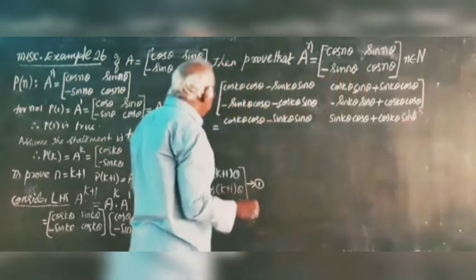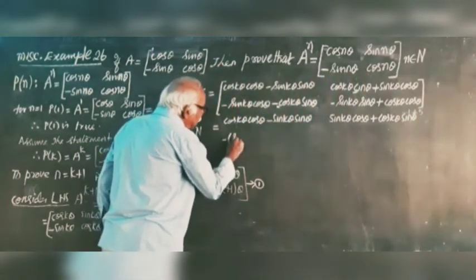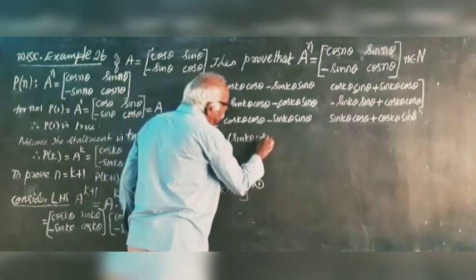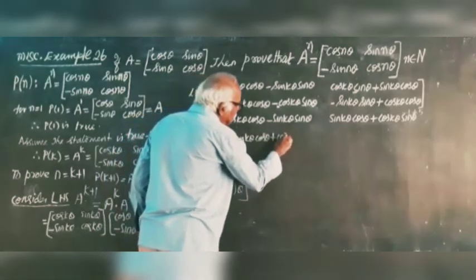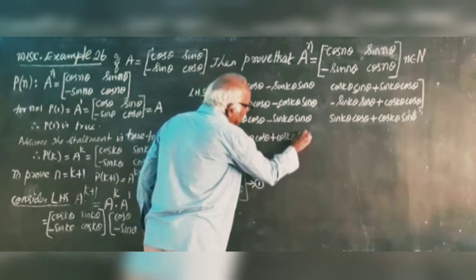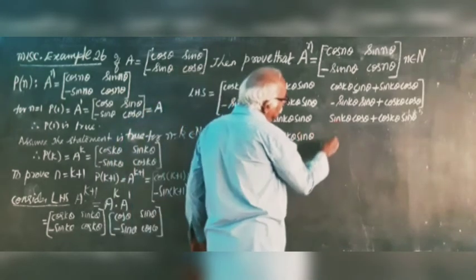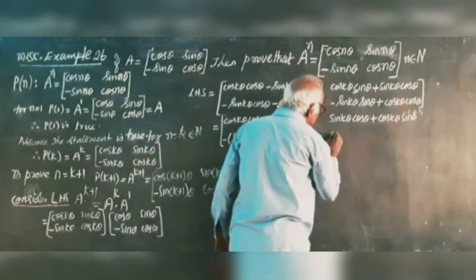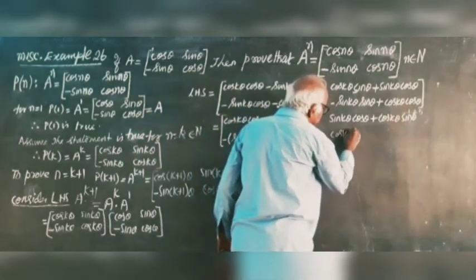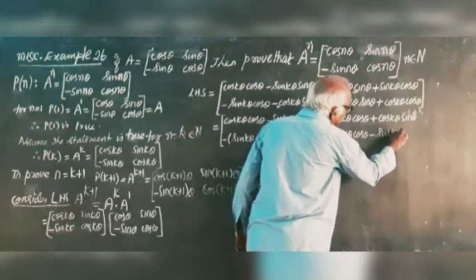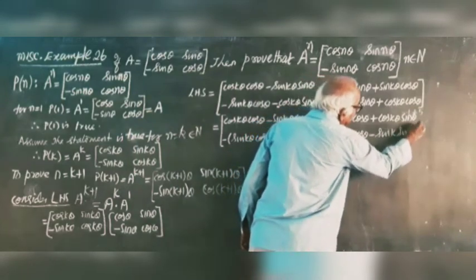Take minus common here: minus of sin k theta into cos theta plus cos k theta into sin theta. This one, cos k theta into cos theta minus sin k theta into sin theta.